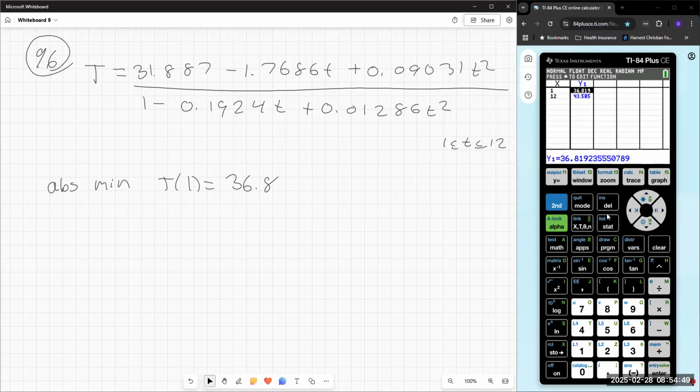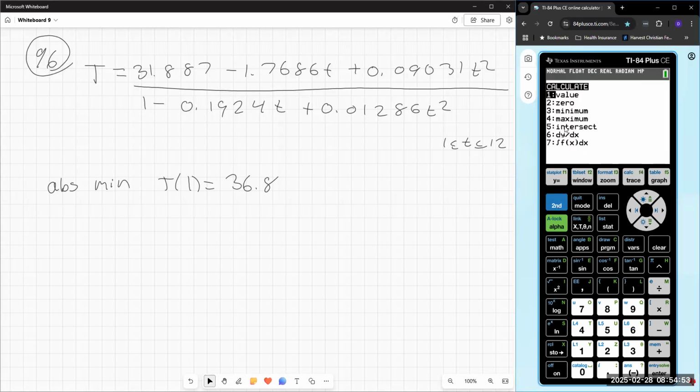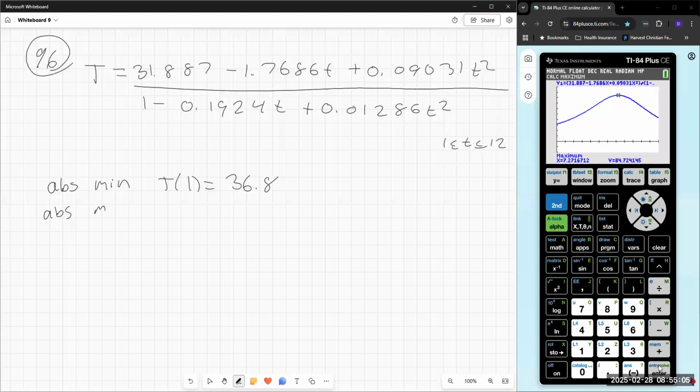And then our absolute max, we'll use the calculator to find that. So maximum is going to be up here. Absolute max is at 7.27 and is 84.7.